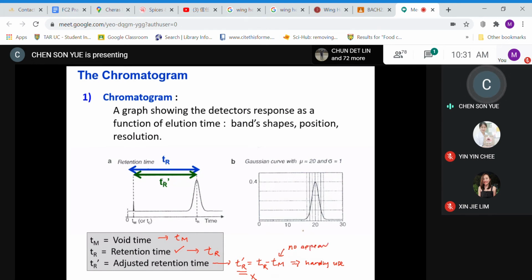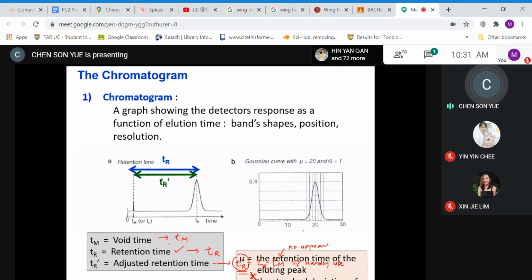Of course, you didn't do the practical, but in your practical data, you don't see TM, either in GC or HPLC. That's why I use TR here. Actually, it's not very practical, so we don't bother with this one. Not to say don't bother, just understand enough. It's not practical. So now we move on to see others.